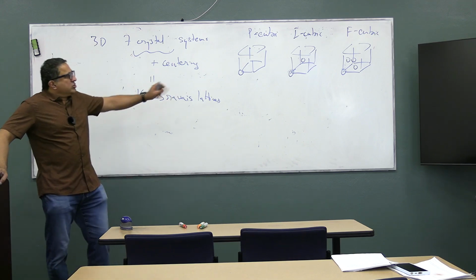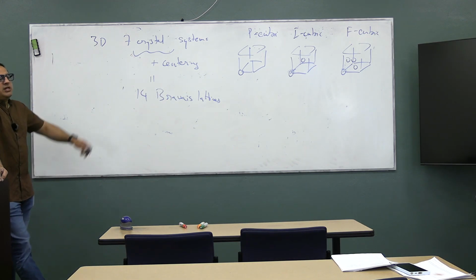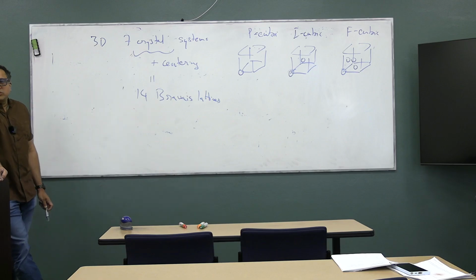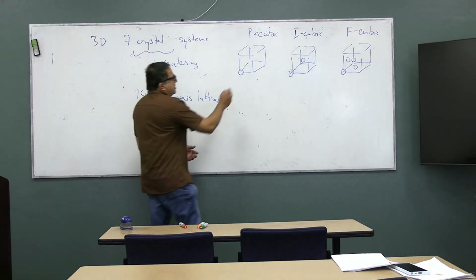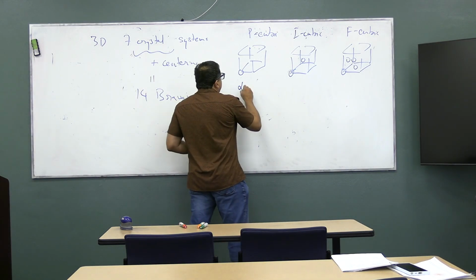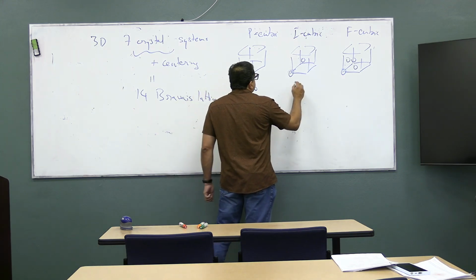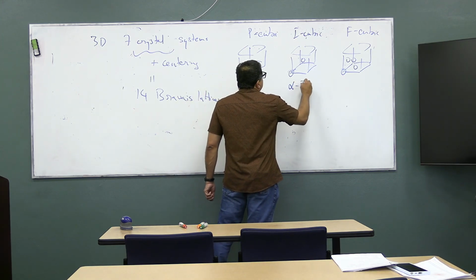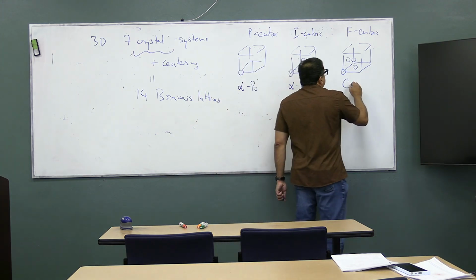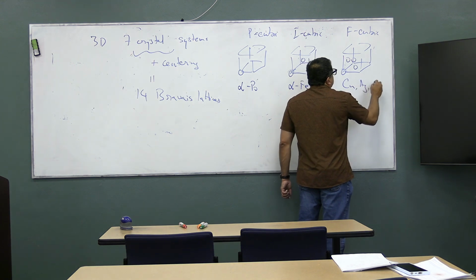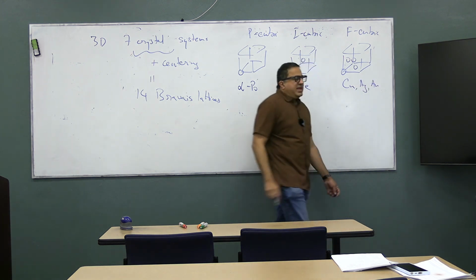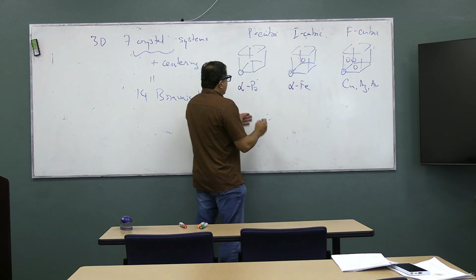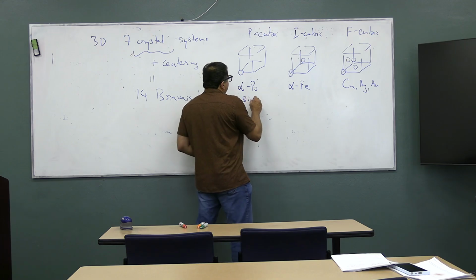And I will not go through this in detail here because I'll show you this when I show you crystal structures. I'll show you that this corresponds to the element alpha polonium. This corresponds to, for example, alpha iron. And this corresponds to, for example, copper, silver, and gold. Okay? And of course, we also call this simple cubic.